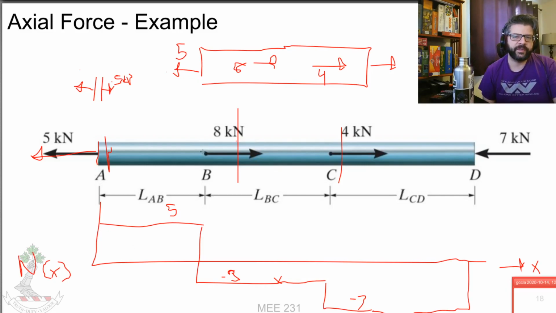So when we add a positive 8 kilonewton axial load here, that drops us down 8. Drops us down another 4. And then from here, we're already at -7. Then we hit a -7 kilonewton force applied to our free body diagram, and then it jumps us back up to 0. So that's kind of how that works for at least axial loads.